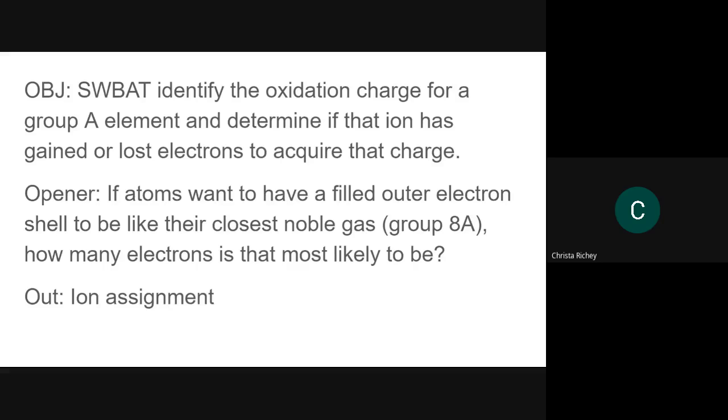It just wants to be like that closest noble gas. And in the case of hydrogen, helium, lithium, beryllium, and boron, the magic number is 2. So there is an exception, and unfortunately in this class, there are a lot of exceptions in chemistry, which makes it a little bit trickier. So most likely, yes, that number's 8. But it could be 2. There is an exception.